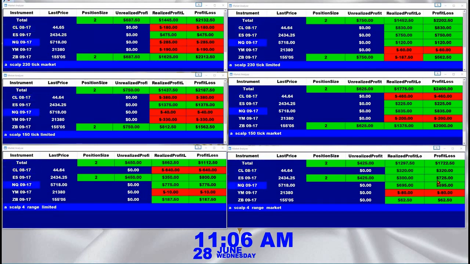But at the same time, here is your 4 range. Also, we are testing the 4 range and the 3 range. And this is the 4 range. If we notice on the ES, the difference on the 4 range between a limited and market right now as we speak, they're both on a long trade with 2 contracts.